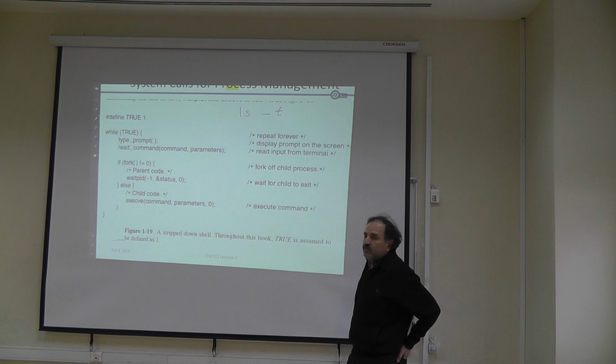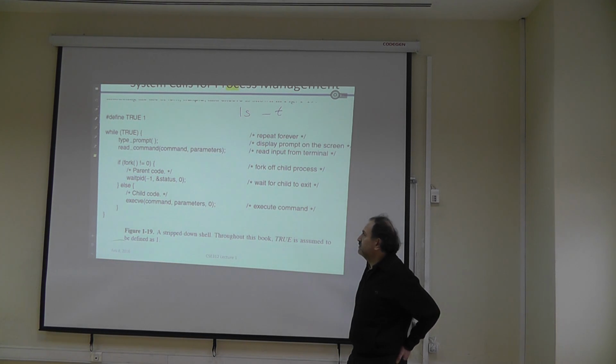We could be much simpler. Okay, we could be much simpler. We didn't have to use fork and waitpid, but there is a very serious problem with this one. Yes. The program might terminate before the exit command.